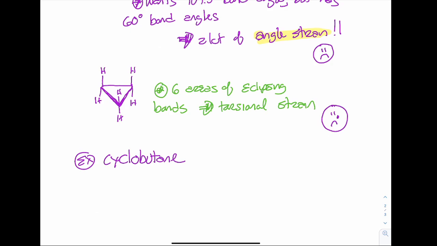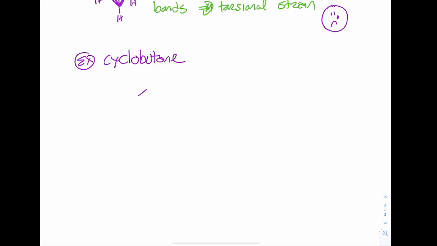It's in the form of a circle, so to draw this one coming in and out of the iPad or your video also, this carbon that I'm currently wedging is coming out at us. And then the one that's directly across from it is going back.